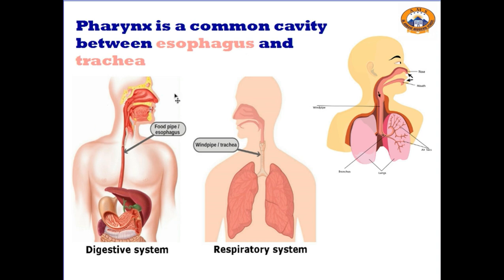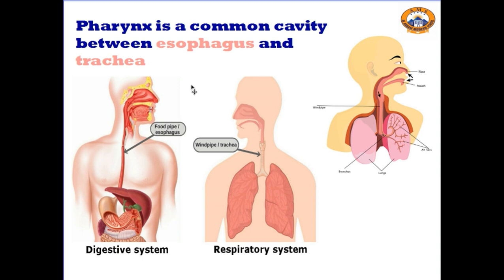This means that if you are eating food, the food passes through your pharynx and then down through the esophagus. And if you are breathing air, the air passes from your nose to your pharynx and then down to the trachea. So the pharynx is a common cavity between the esophagus and the trachea. It leads to both.